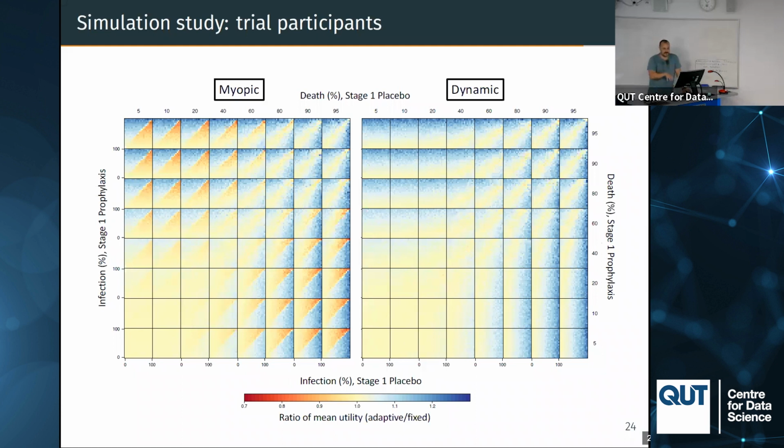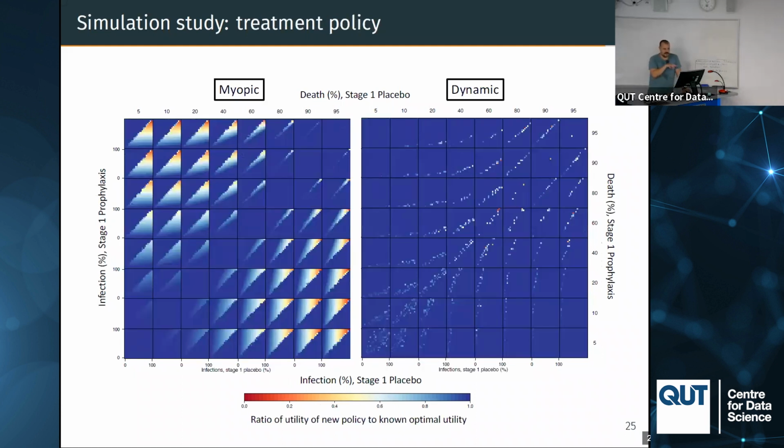But here I've just kept it simple by considering what the next patient's expected utility would be if they were treated under this treatment policy. Thank you. Any questions from online?